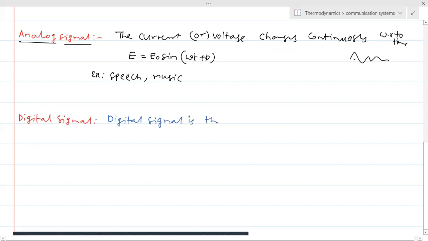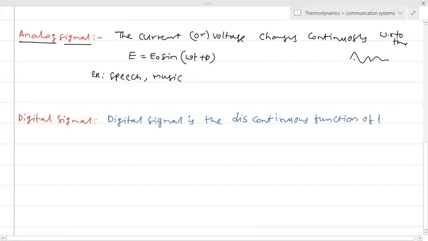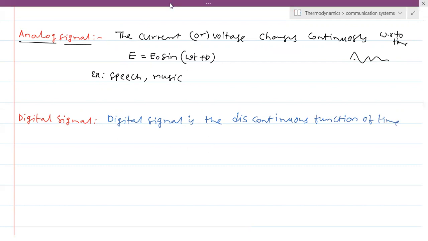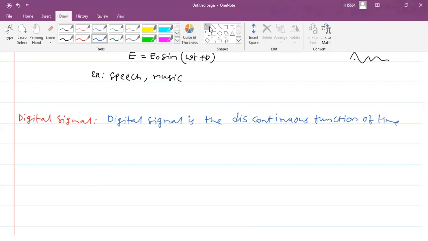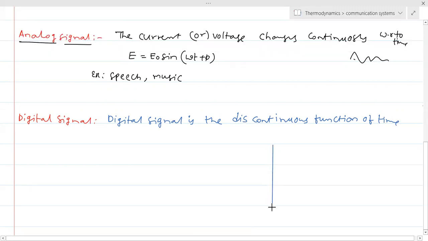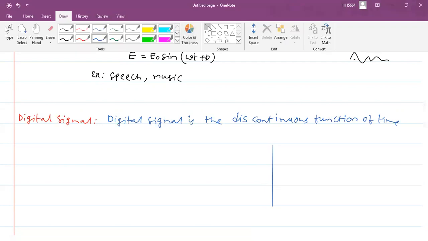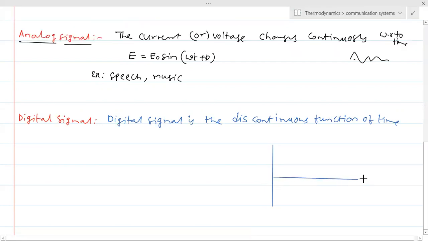A digital signal is a discontinuous function of time. Suppose you are interested in a graph, then we say this is the y-axis and the respective x-axis.